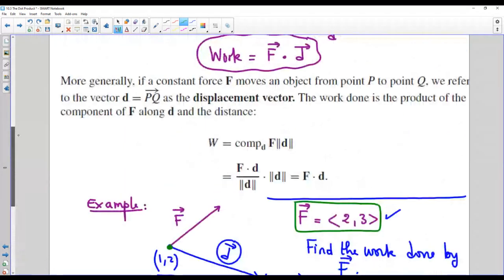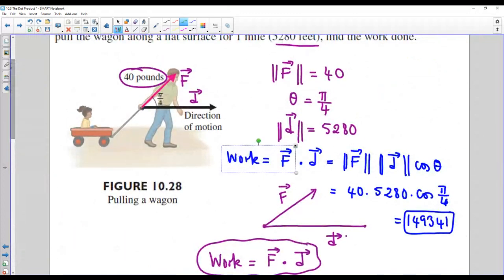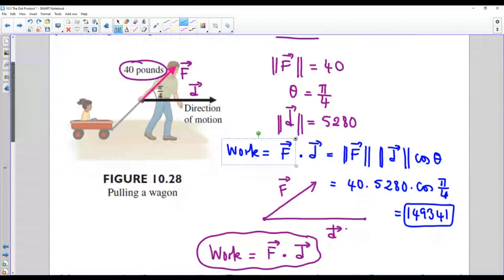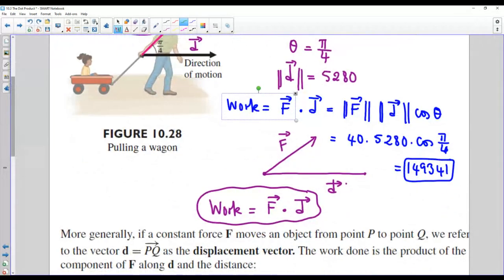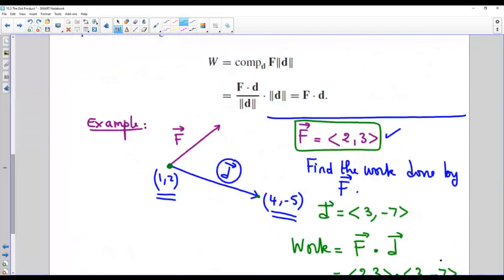So those are two examples which show you a little bit how to work out the work using this formula. If you have the magnitude of the force, the distance traveled by this force, and the angle between the force and the direction, or if you just have F and D as vectors, then it becomes easy.